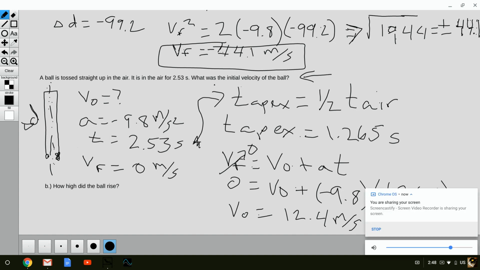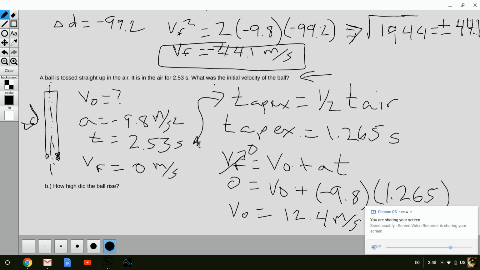Now, you could also solve for the trip down, and I'm not going to do it in this video just for lack of space and time. The velocity at the apex, your initial velocity, would be 0, and then your final velocity would be what you would catch it with.